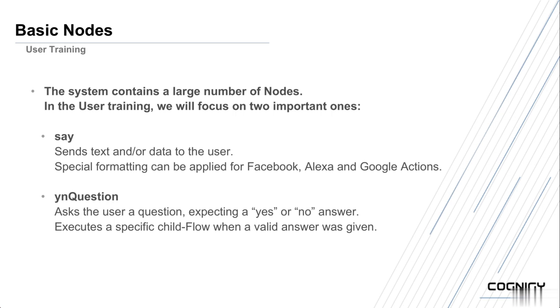Say nodes can include special formatting which can be applied for Facebook, Alexa, and Google Actions. A yes-no question node asks the user a question, expecting a yes or a no answer. These nodes execute a specific child flow when a valid answer is given.